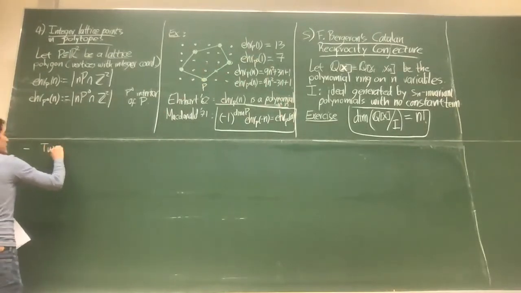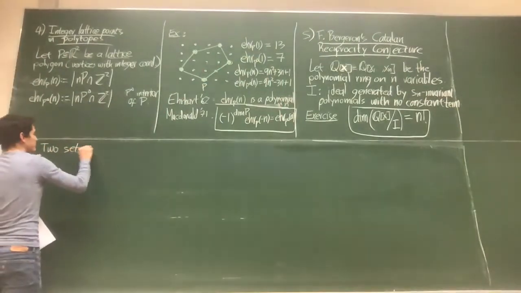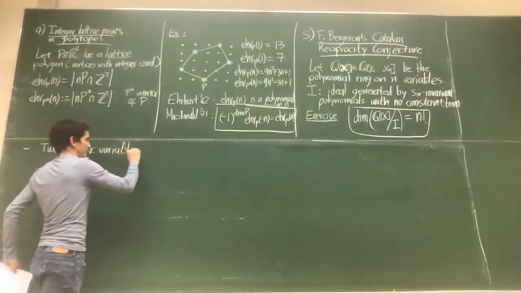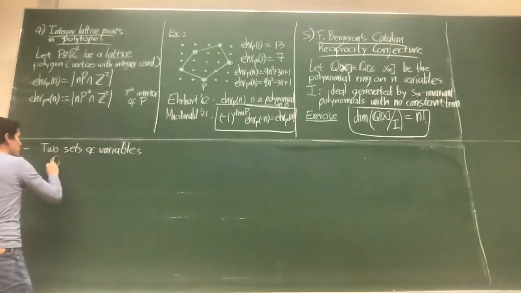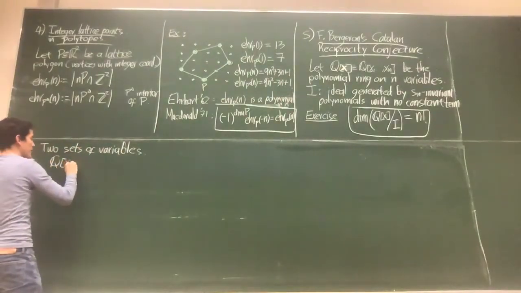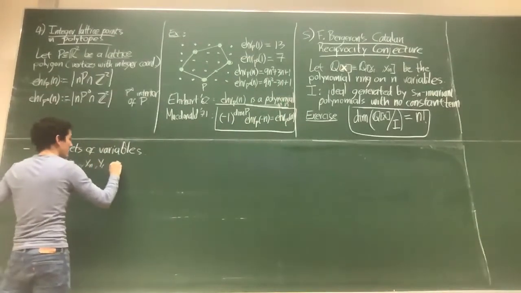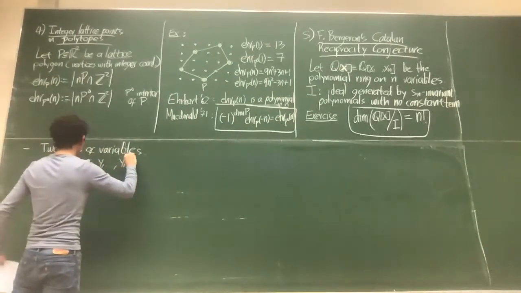Say two sets of variables. I say Q of x1 through xn, y1 through yn.